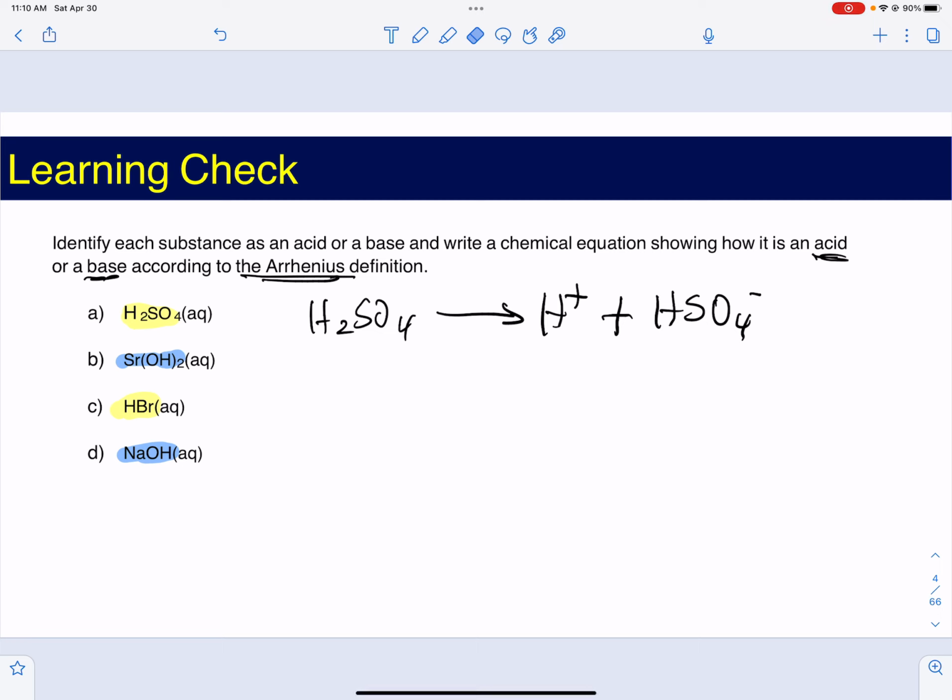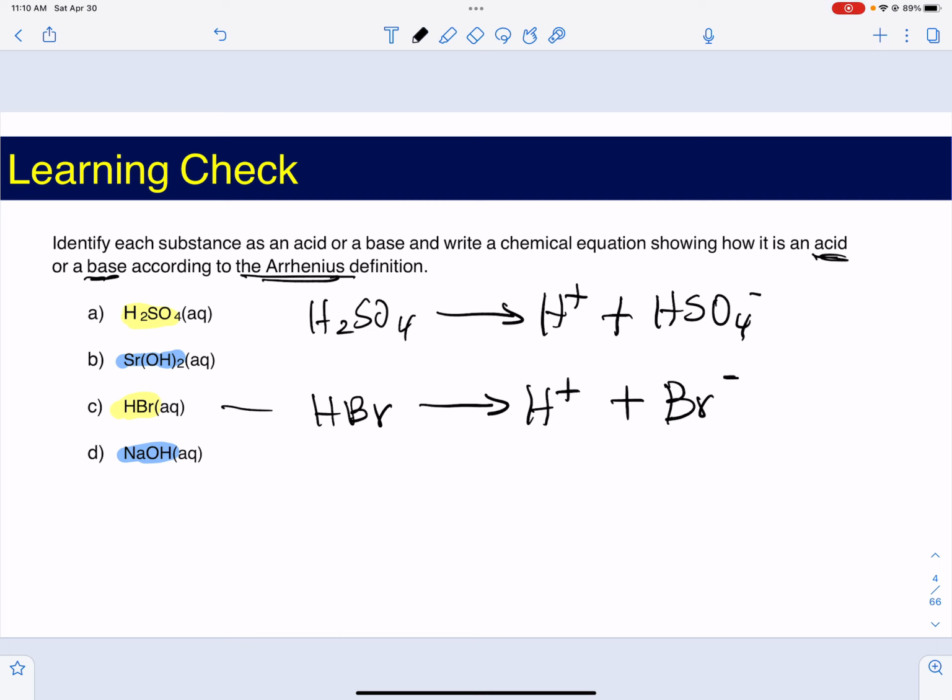What about hydrobromic acid? Hydrobromic acid will behave as an Arrhenius acid by producing H plus and Br negative. So it's important that you keep track of those charges so it's the same charge on both sides altogether.